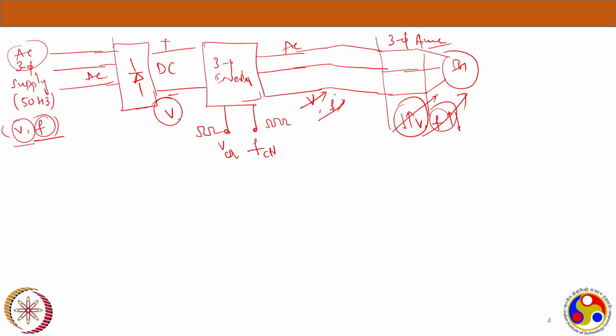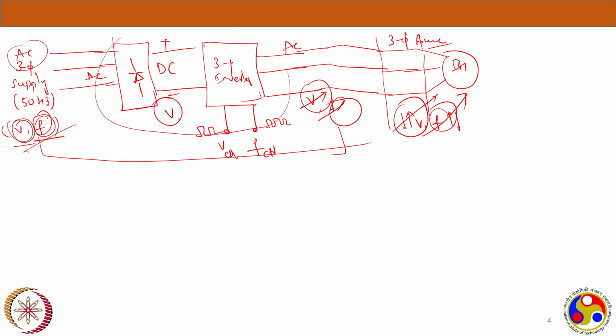And now if you see, this motor is getting this kind of input from a three-phase inverter, which is having a variable voltage and also variable frequency. If you compare this voltage and frequency with that voltage and frequency, here we have a constant voltage and constant frequency from the supply, and now we have a variable voltage and variable frequency that we are able to achieve with some power electronics in between the circuit.